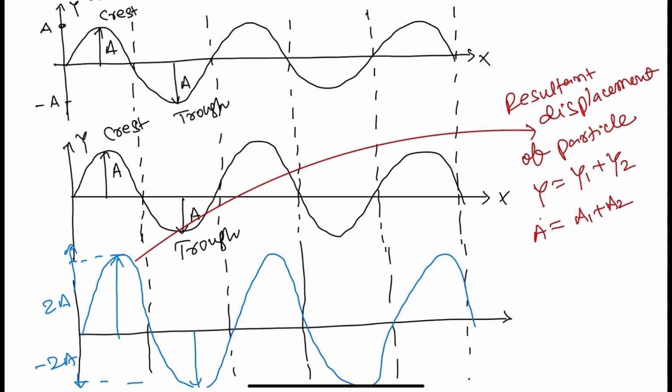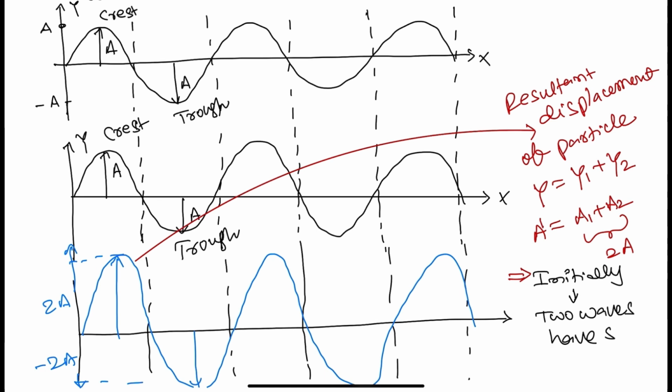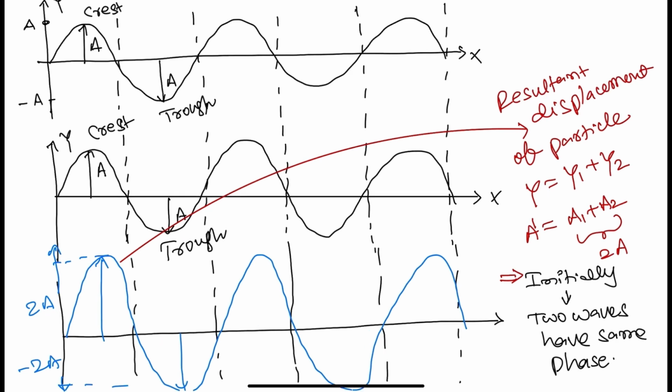If both are A, it becomes 2A; if one is A and the next is 2A, it becomes 3A. Both combine because initially the two waves have the same phase. This is called constructive interference of two waves.